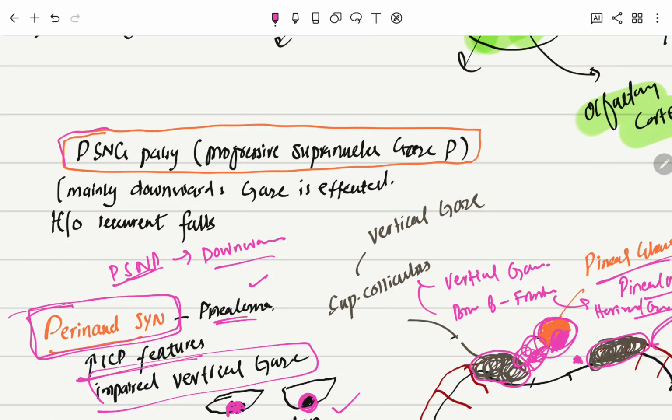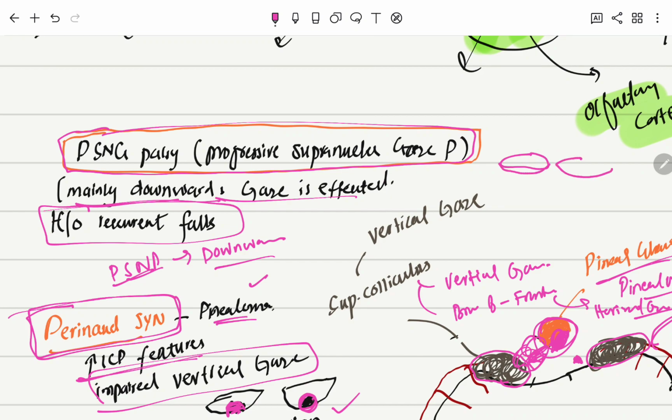In progressive supranuclear gaze palsy, mainly the downward gaze is involved, and there will be a history of recurrent falls. So the eyes will be like that. Let me draw the eyes. This one is the second eye.